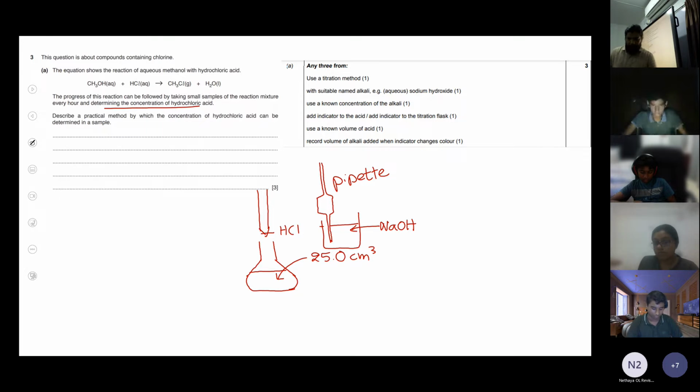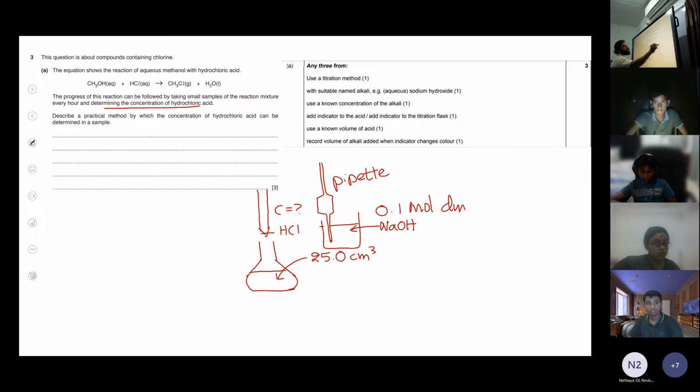And a suitable alkali, sodium hydroxide. If you are going to find the concentration of HCl, then you have to use a known concentration of sodium hydroxide. Otherwise, you can't find the concentration of HCl. Right?